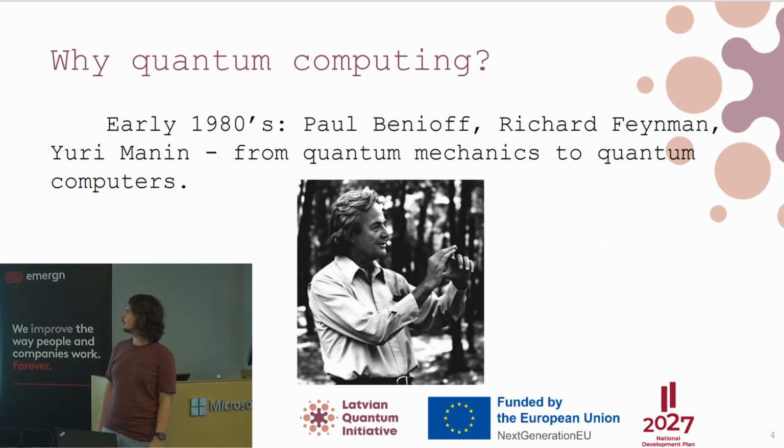The idea appeared already in the 1980s, and there was the following discussion. We cannot simulate quantum mechanics efficiently on any classical device. There are some technical difficulties, and this was the main motivation to produce the quantum computer. So let's make a device that would efficiently simulate quantum mechanics.